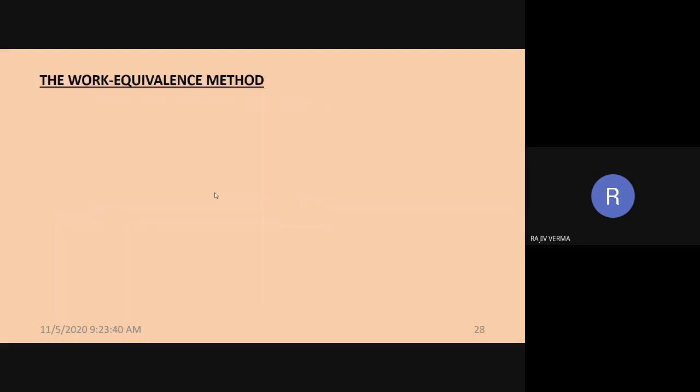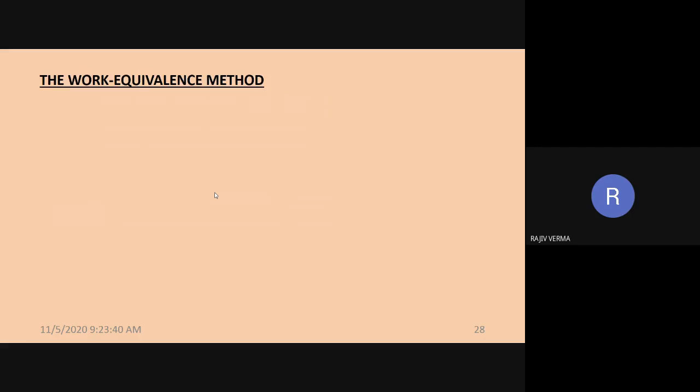The second approach happens to be the work equivalent method, and the basic concept behind this particular approach is that you find the work done by the distributed loading, and you find the work done by the forces and the moments acting at the nodes, and both these work done are supposed to be equal.